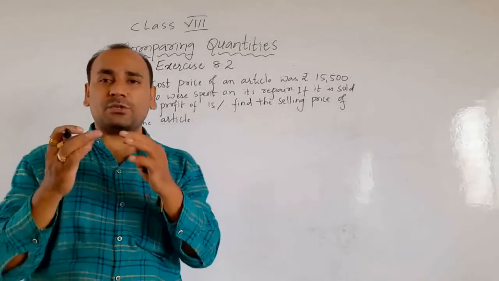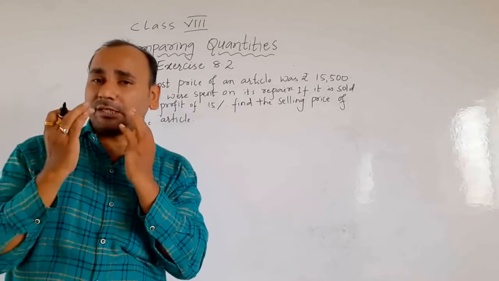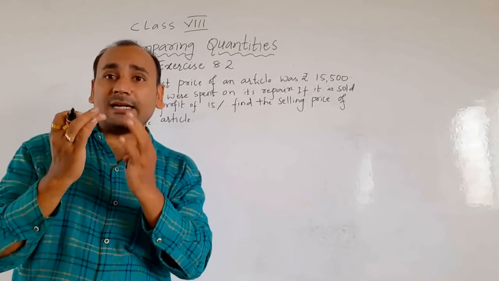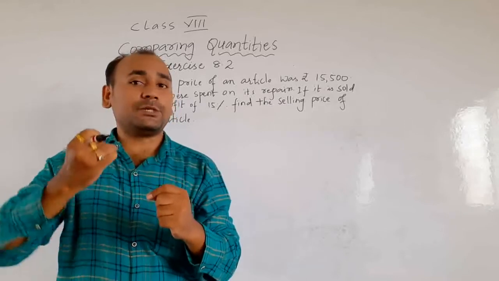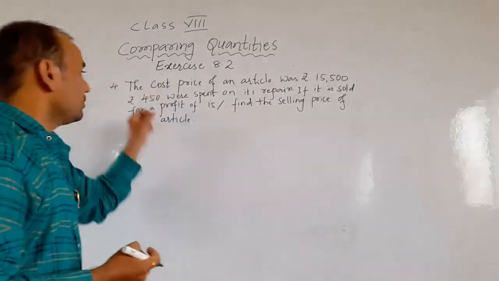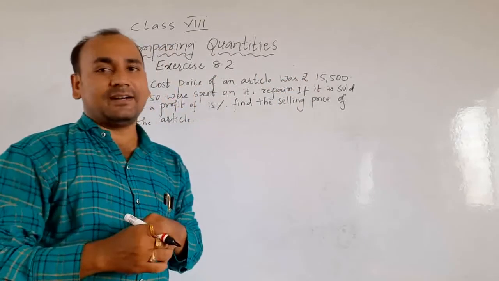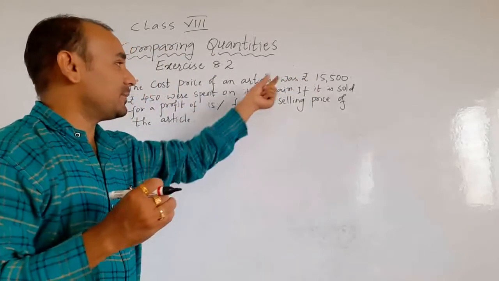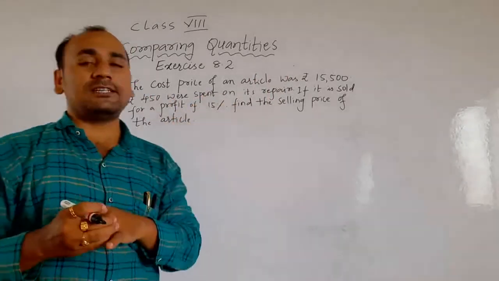Let me first explain what the meaning of the question is. Whenever we are solving a question, first we need to understand the meaning of that question, what has been given and what we need to identify. Right? So in this question, the cost price of an article has been given as rupees 15,500, and rupees 450 were spent on its repair.